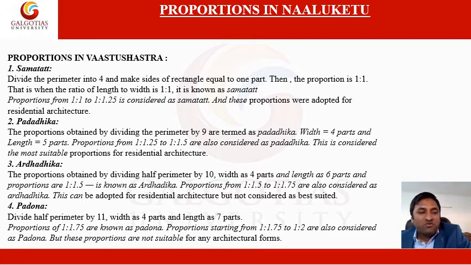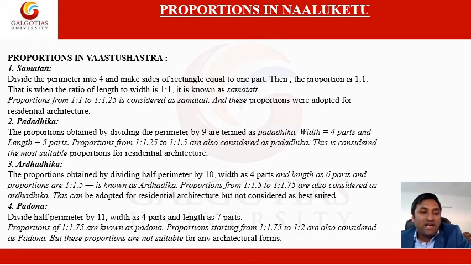Padadika, the proportion obtained by dividing the perimeter by 9, is termed Padadika. Width is equal to 4 parts and length is equal to 5 parts. Proportions from 1:1.25 to 1:1.5 are considered Padadika. This is considered the most suitable proportion for residential architecture.